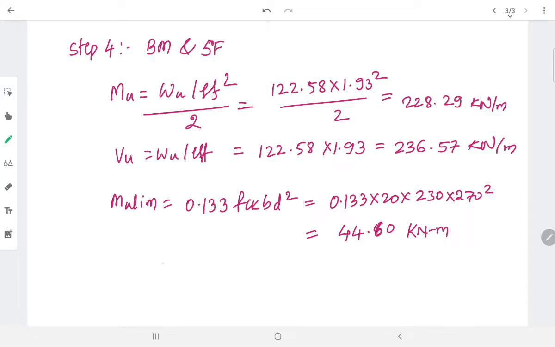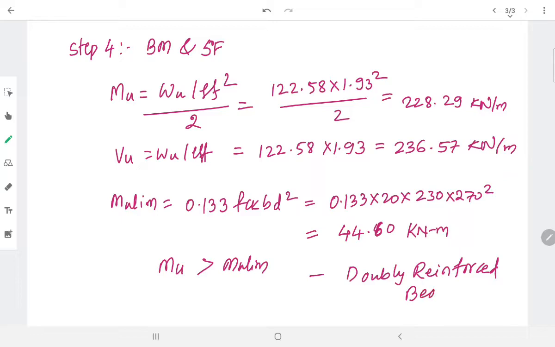Now you compare Mu and Mu limit. Mu is greater than Mu limit. This means this is a doubly reinforced beam. For a doubly reinforced beam, you need to calculate Ast, that is Ast1 plus Ast2, as well as the value of Asc.